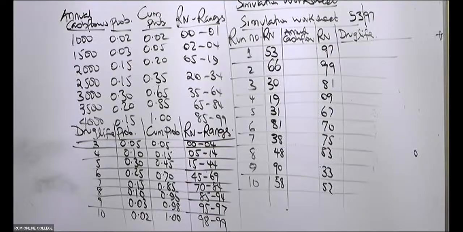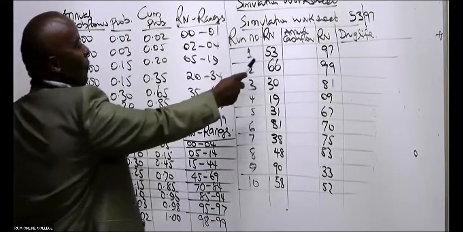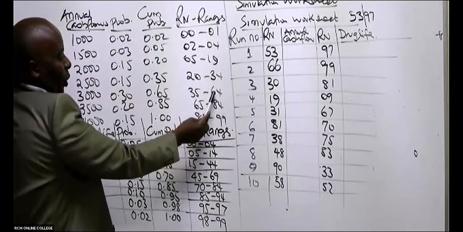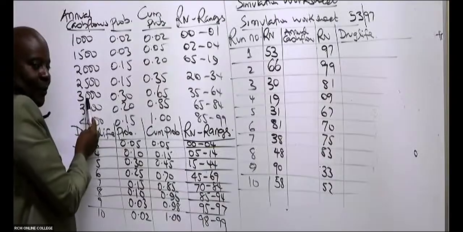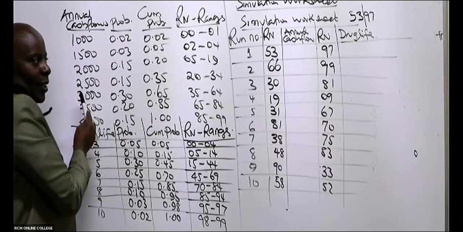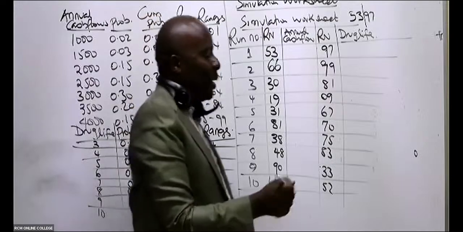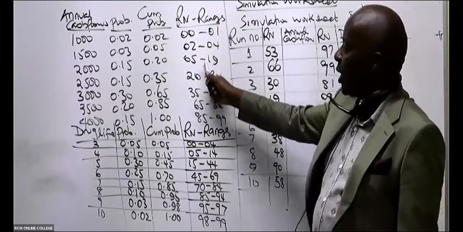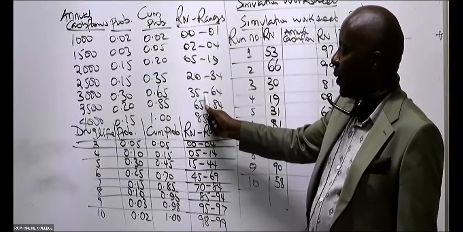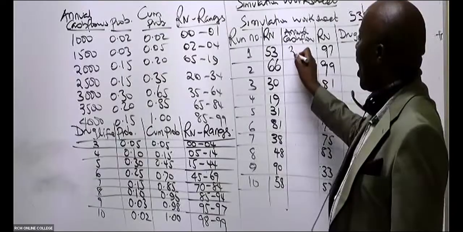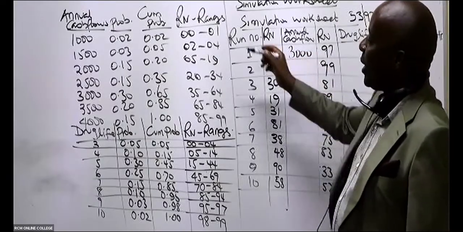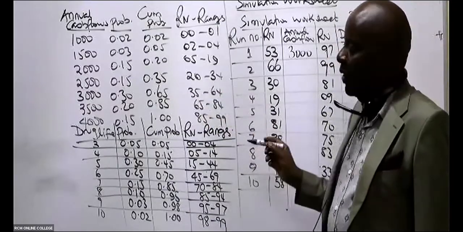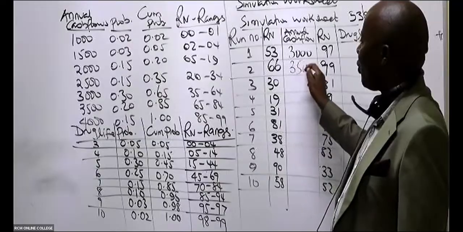For example, in the annual cash flows, when we have 53, where is 53 here? 53 is not here exactly, it is in between here, in this class, which corresponds to 3,000. How about 66? It is here, and this corresponds to 3,500. So could you kindly fill all your cash flows, please?